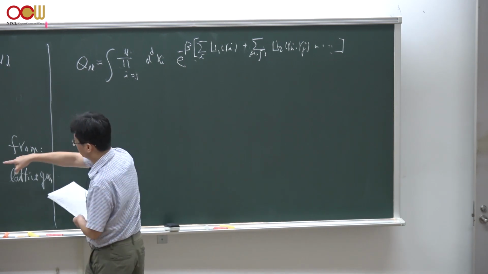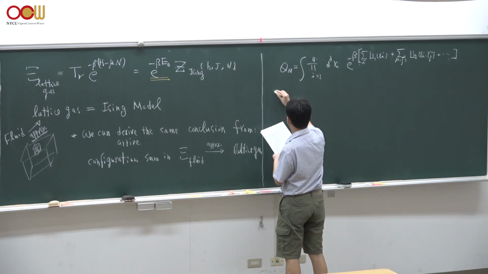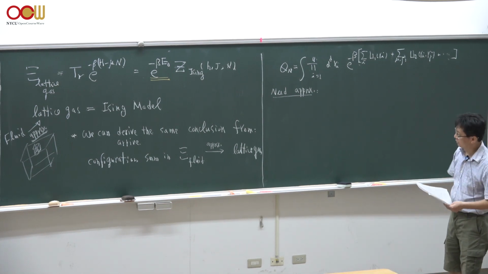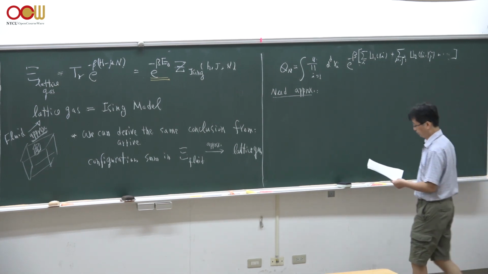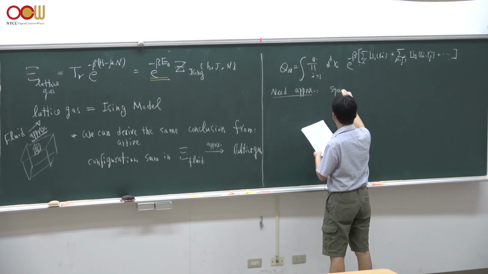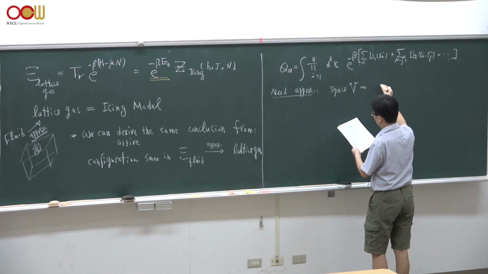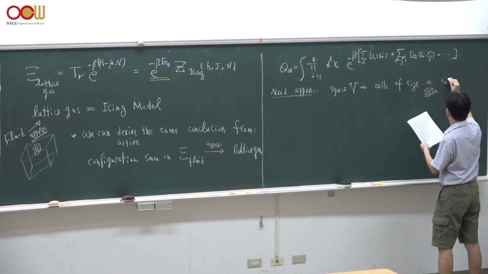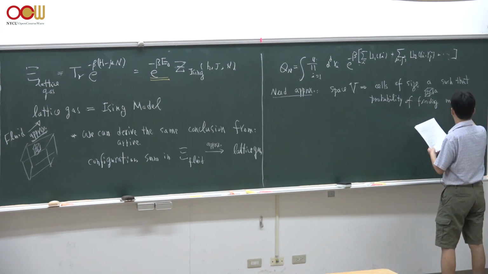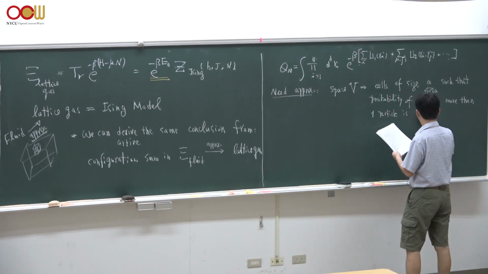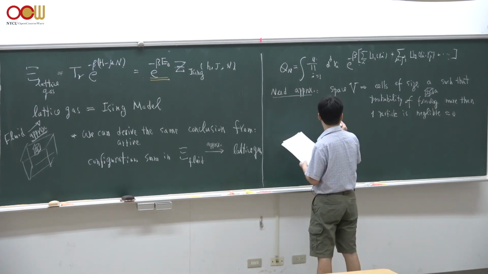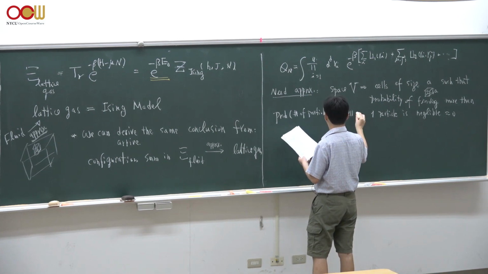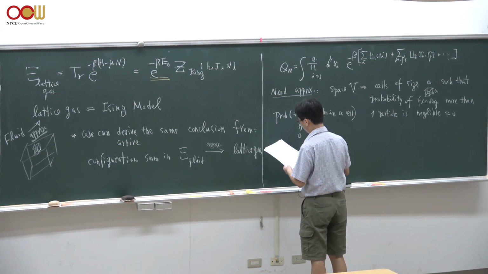And to achieve this derivation, we need some approximation, which is pretty much the same approximation that we used earlier, that we assume the hardcore condition. So for this volume in real space V, we can imagine that there are many unit cells of size a, such that the probability of finding more than one particle is negligible, namely very, very small. Which means that the probability of the number of particles in the cell being greater than or equal to 2 is almost 0.